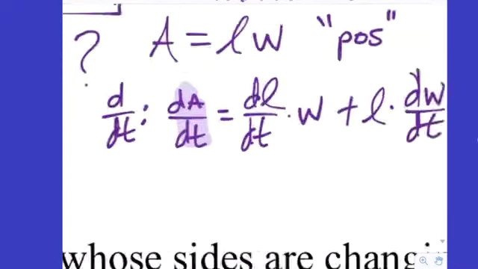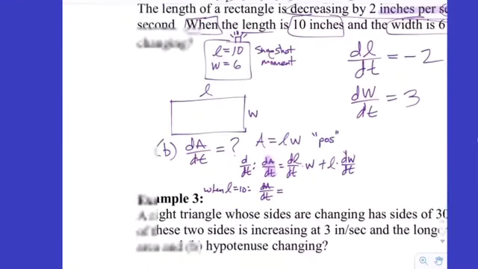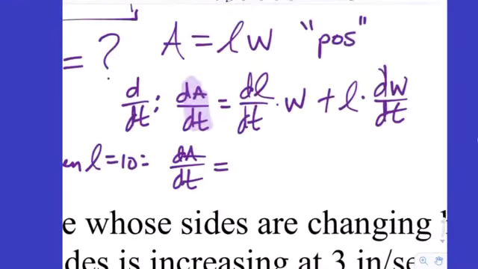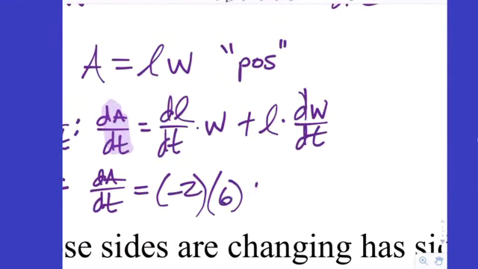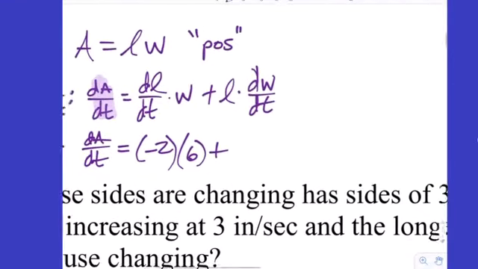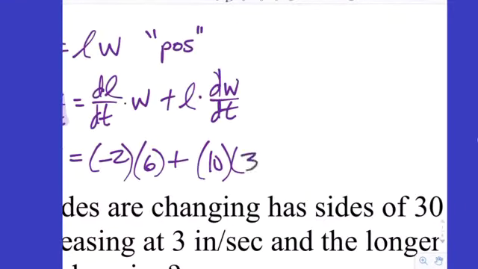Again, referencing the moment in time, I'll just say when L equals 10, we get dA/dt equals dL/dt, which was still -2, times W at the moment, which is 6, plus L at the moment, which is 10, times dW/dt, which is +3.